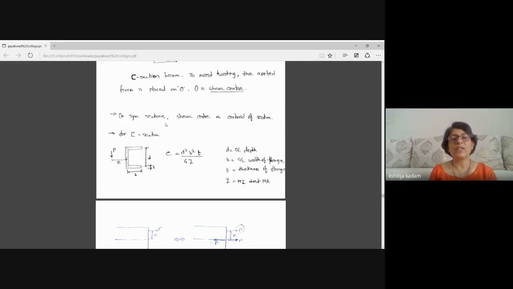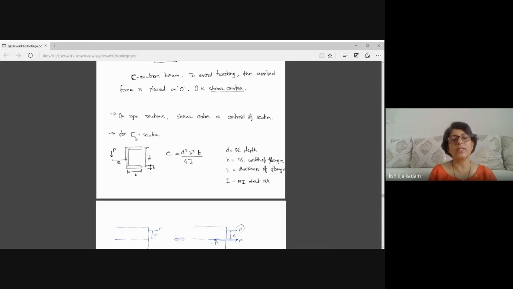You understand one more thing? If the section is symmetrical, the shear center will lie on the centroid of the section only, because if the section is symmetrical then it will not twist at all. The load line where it is applied gives zero twist. So the shear center will coincide with the centroid of the section.